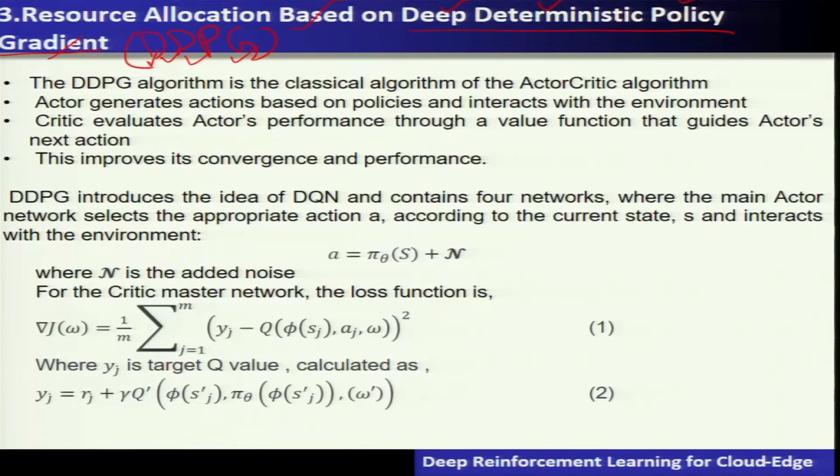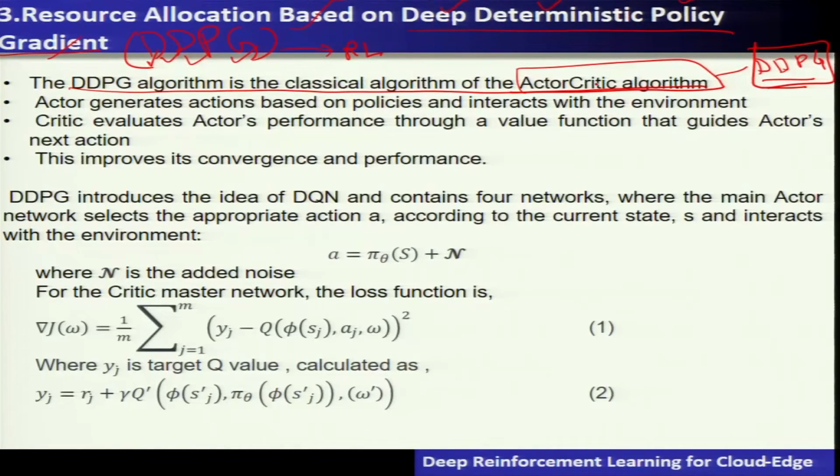So let us understand about DDPG, which is a type of reinforcement learning. The DDPG algorithm is a classical reinforcement learning algorithm, and it is often called an actor critic algorithm.